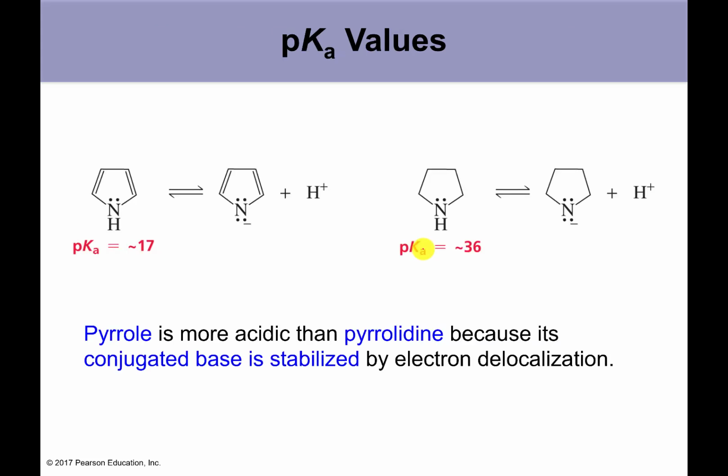Now, the pKa's are also affected. The pKa of the pyrrole is also affected by resonance. It has a pKa of approximately 17. Now that's in contrast to something like cyclopentadiene.